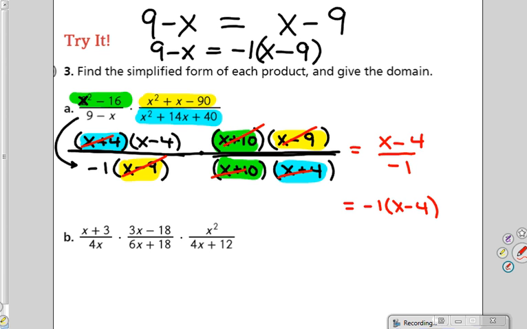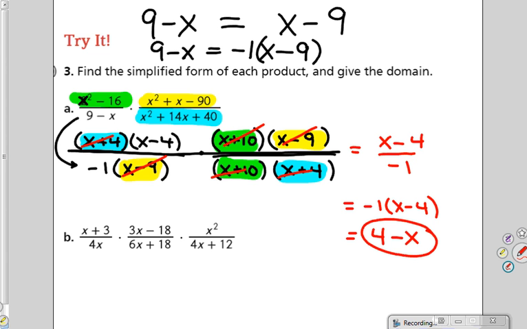If you still feel that it looks undone, think about what our little trick was up here. Instead of calling that x minus 4, multiplying by negative 1 makes it 4 minus x. That's kind of a nice, clean, final answer. So that multiplication problem, that big, ugly mess that we started with, turns out to be 4 minus x.